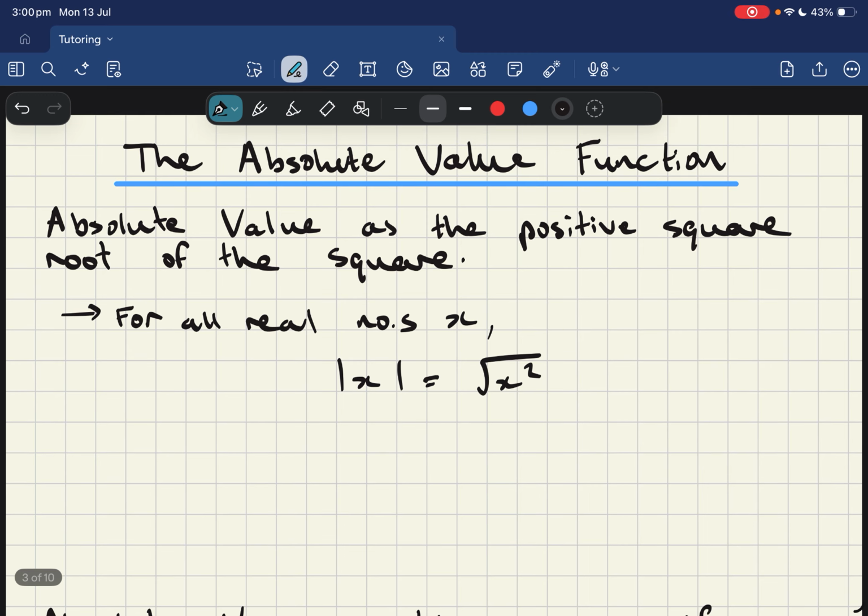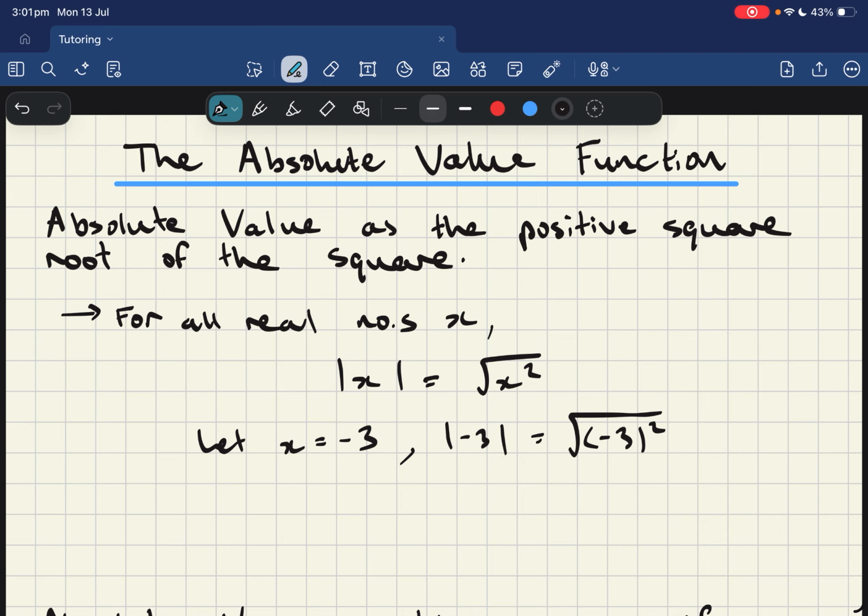Now we can show this and substitute in for a few different numbers. Let's just, for example, say x is -3. If we take this definition, we are saying that the absolute value of -3 is going to be the square root of (-3) all squared.